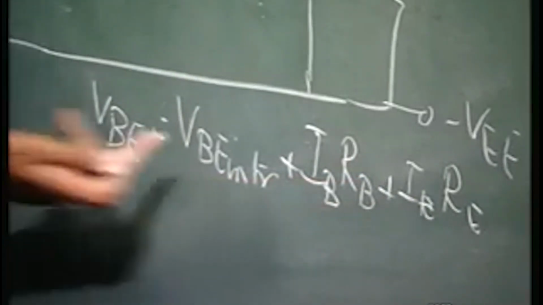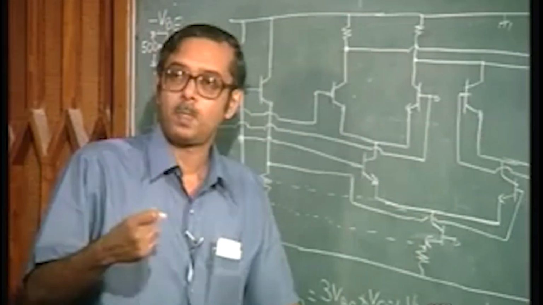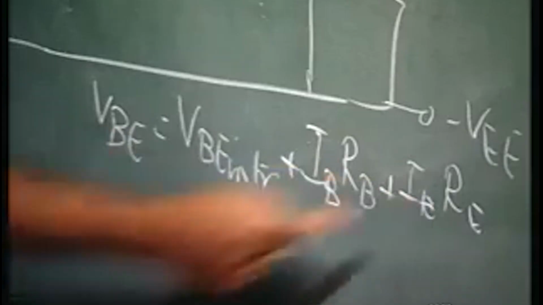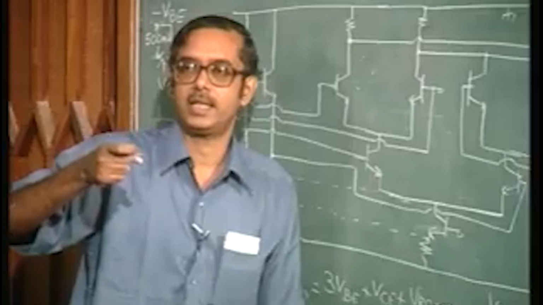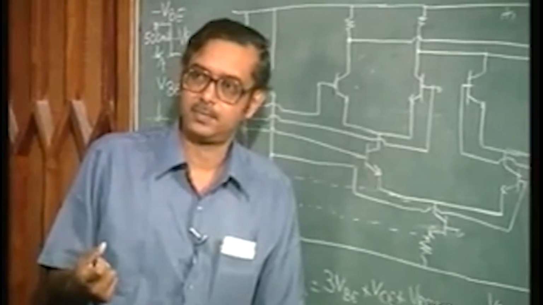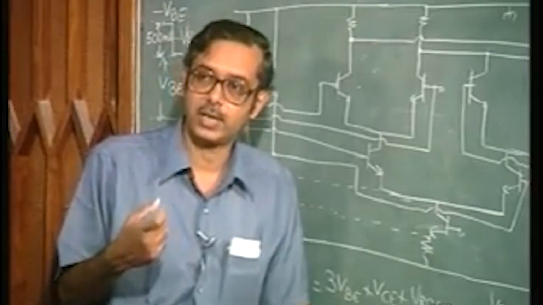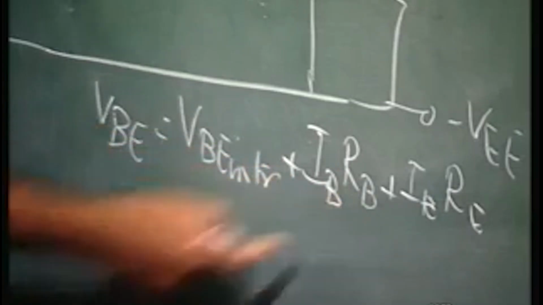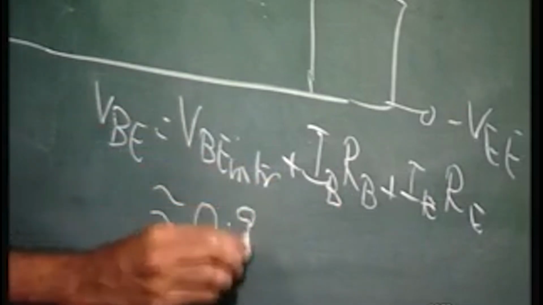Now, these are the drops across the parasitic resistances. For a small size device, the resistances are usually large, because the resistance depends on the cross sectional area. If you have a smaller size device, you have a larger resistance. So, if you talk of very high speed devices, the extrinsic resistances are quite large. And so, this value VBE may be as large as 0.9 volts.